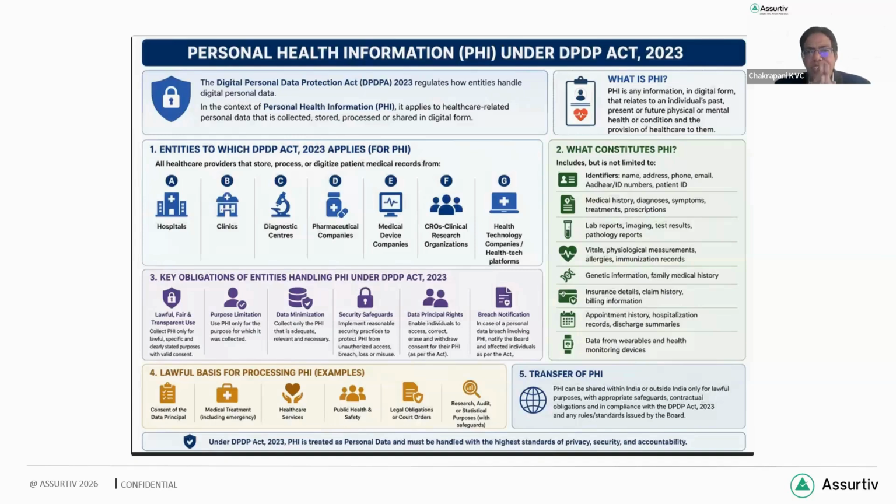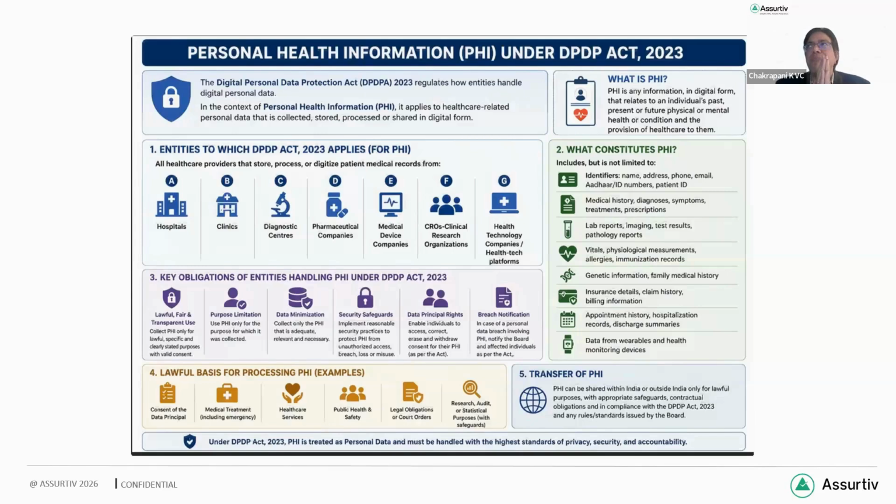Okay. And data principal rights. Data principal is a person who is an individual like you and me. We are all patients. In an organization, apart from patients, if we are going to process any customers' or clients' data, we need to enable the individuals to provide the right to access our own data, to correct our own data, to erase the data, or to provide the consent for withdrawal of the data.